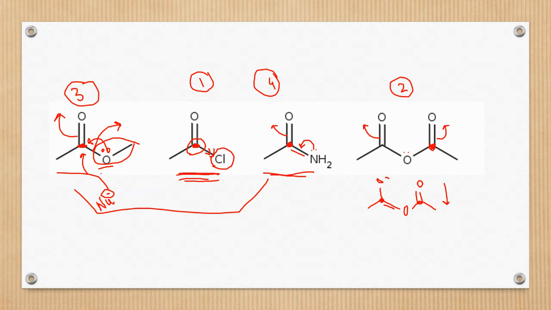But in the case of ester, this lone pair has only one carbonyl to donate to. So the resonating structure will be like this: here O minus, this will be O, and this will be a double bond. Now if you compare this one and two, which has the more electrophilic center? The nucleophile will add on which of the species first, one or two?